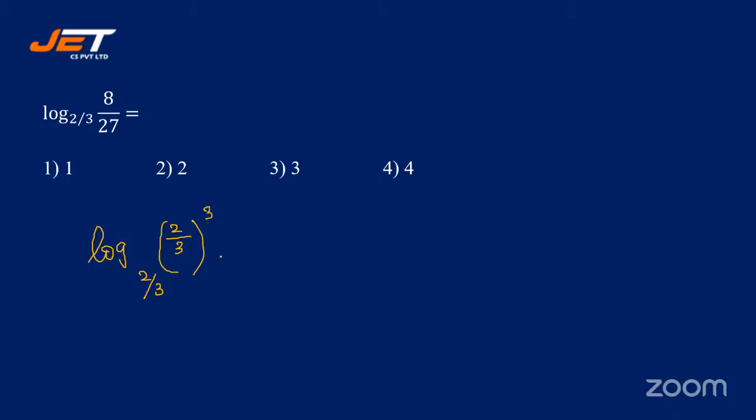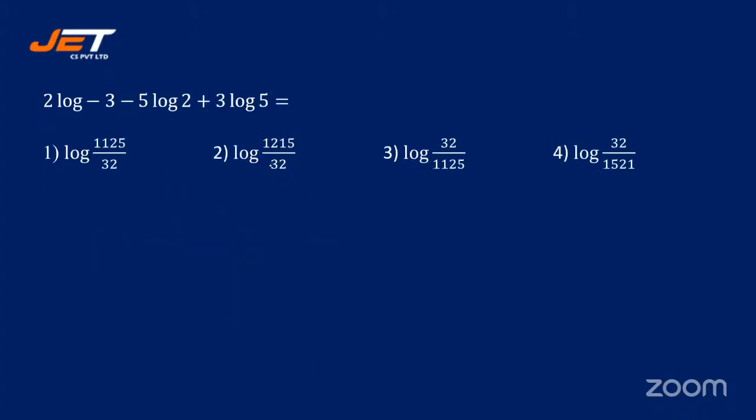So it is 3, and this comes in the front. So 3 log 2 by 3 base 2 by 3, which is 3 into 1, is 3. I hope you all would have opted for option 3 as the correct one. Yes? See the next question.